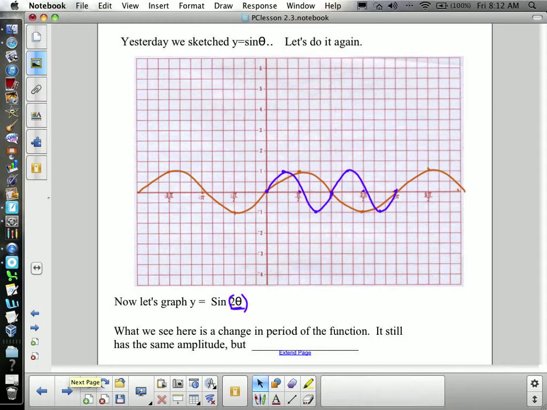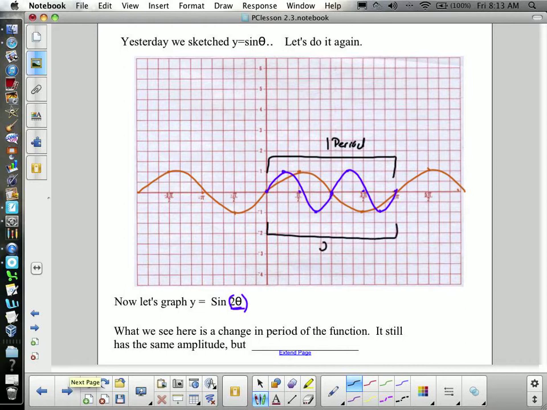So in what was 1 period of my function, from 0 to 2 pi was 1 period. Now in my new function, the same distance gives me 2 periods.